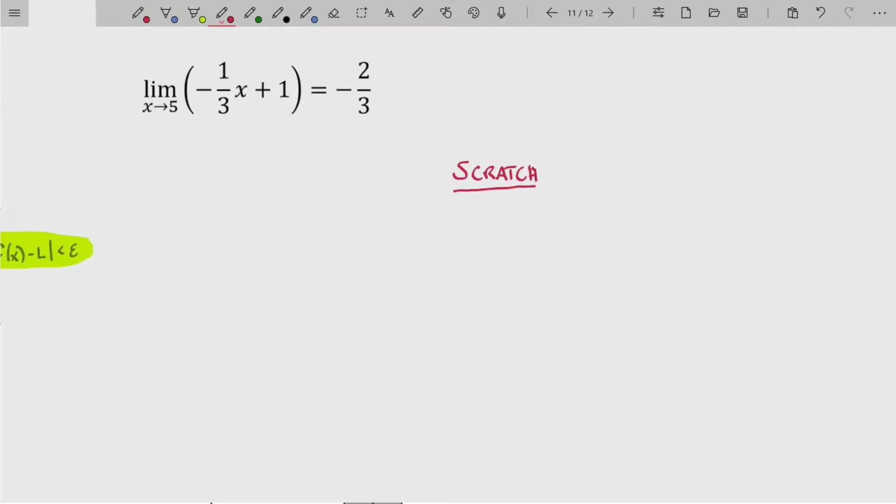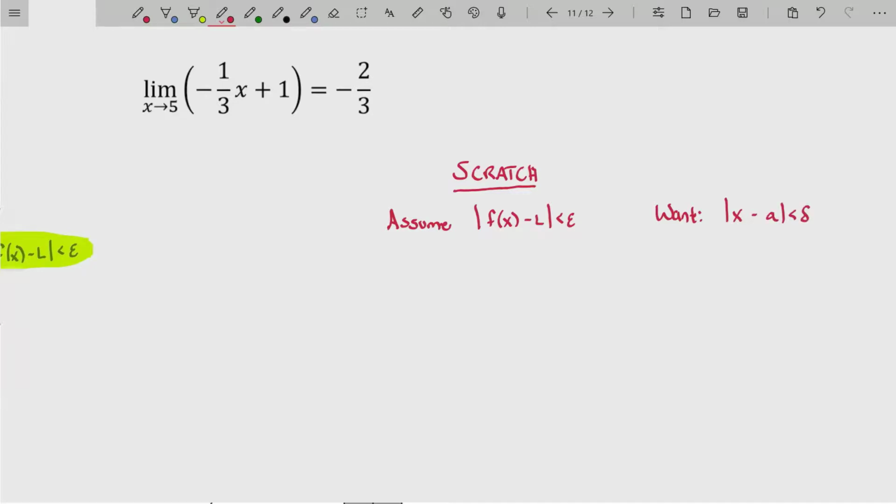Now we write our scratch work like any good mathematician does, and we're going to assume that our function is within the epsilon neighborhood of the limit L. And we want to show that the distance between x and a is less than delta.